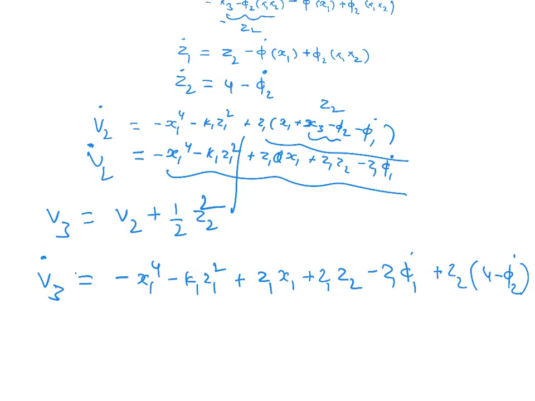Somehow I think I should have cancelled this term and this term, but once you do that, so this becomes z2.